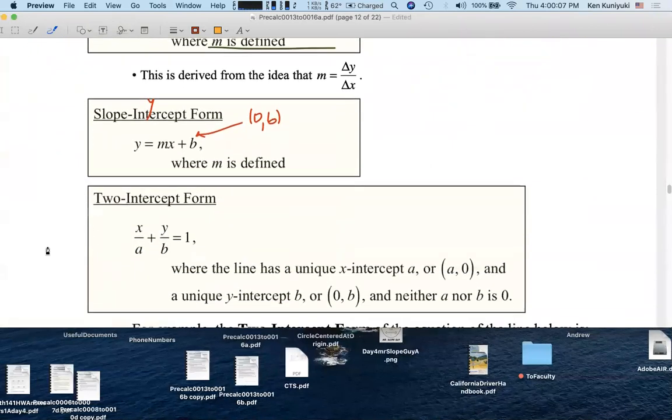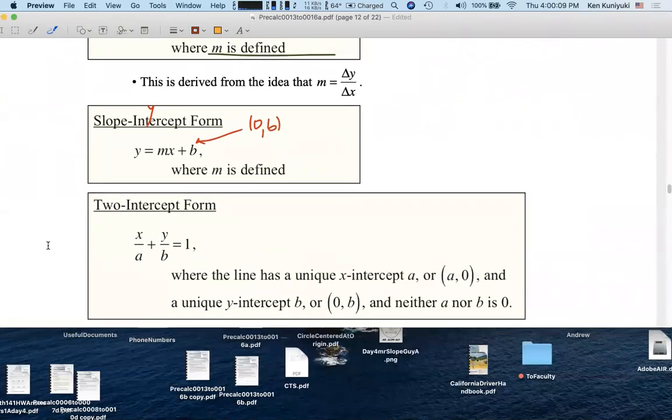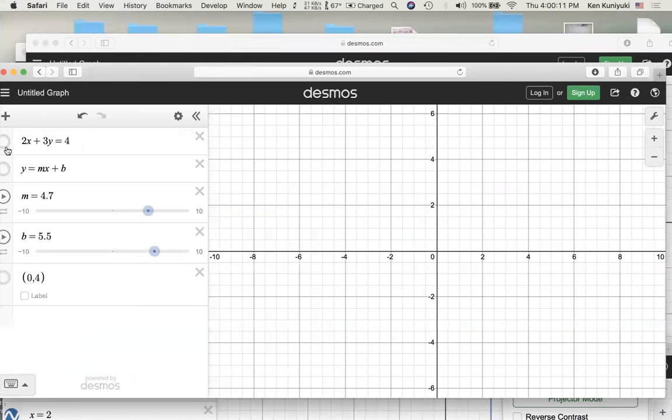Here's a more exotic form, two-intercept form. Again, if you take a line like 2x plus 3y equals 4, a slanted or tilted line that does not go through the origin will have an x-intercept and a y-intercept that are distinct and not at the origin.